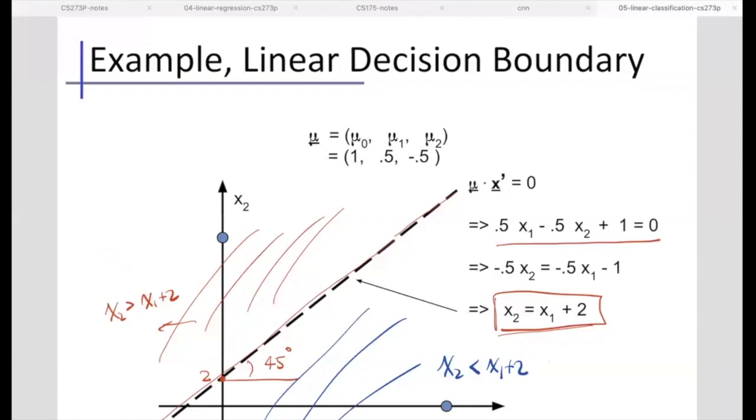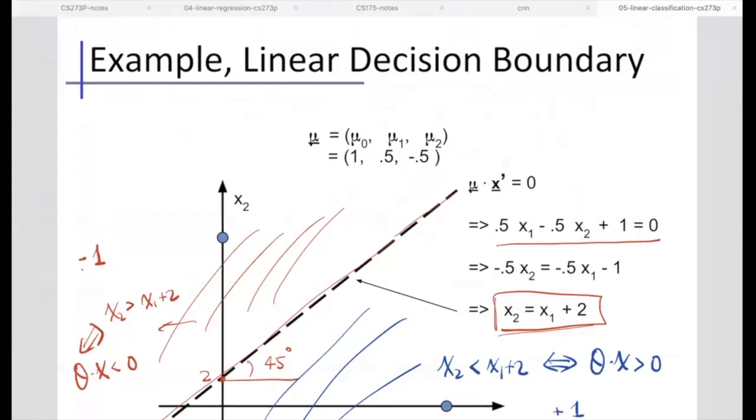This will be equivalent to saying that your parameter dot product with the input is negative on the other side, and the first is equivalent to saying that your parameter times the input vector is positive. So as a result, you label this with +1, and you label this with -1. It will be negative here, okay?